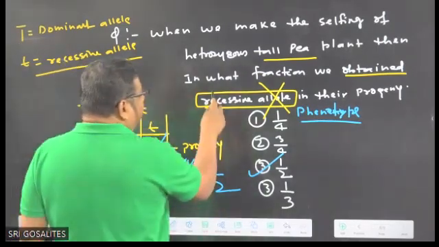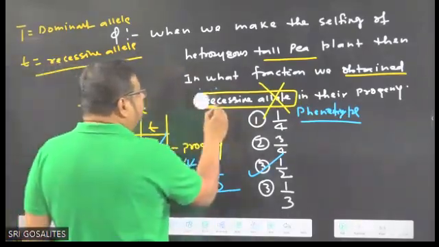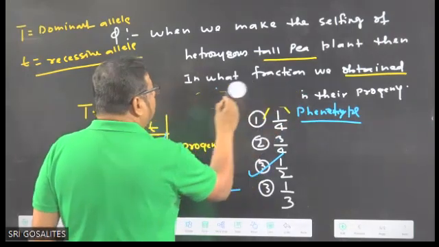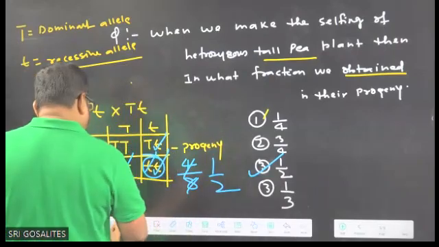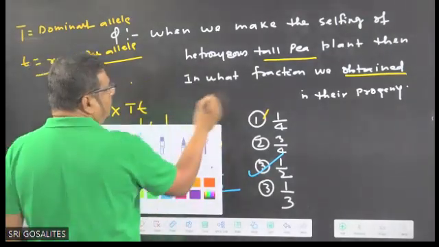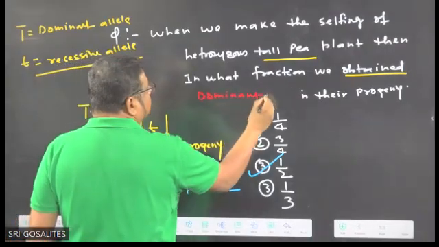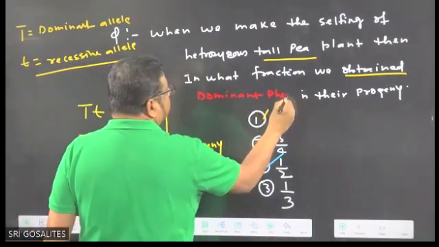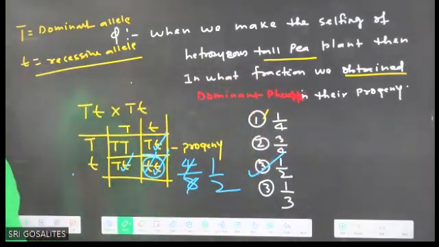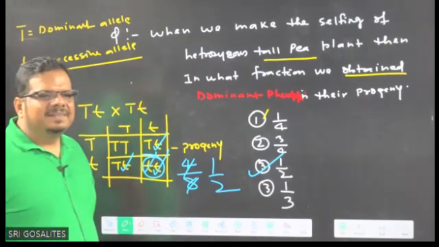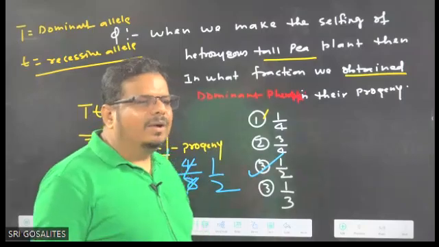Suppose that if we cut this, I am changing that much. It is the same question now. I just change a few words of the question. Now I am asking here, obtained dominant phenotype, then what will be the answer?